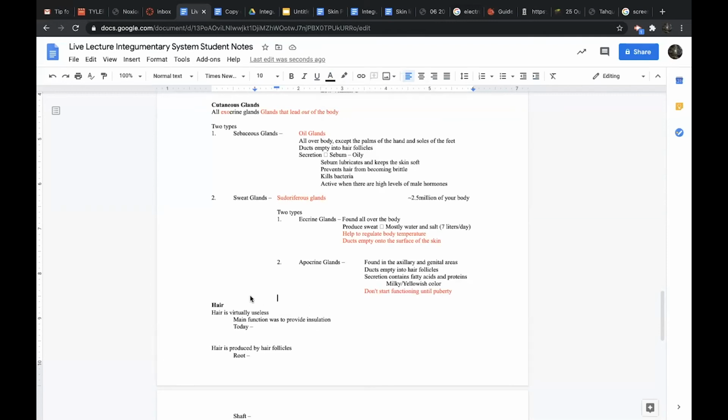Okay, all right, moving on to hair. Anyways, hair's virtually useless, aside from making you look cool or making you feel bad when it starts to go away, like what I'm on the verge of experiencing. Its main function was originally to provide insulation. All mammals that have hair, that's what the hair is for, to provide insulation and kind of an extra layer of protection.